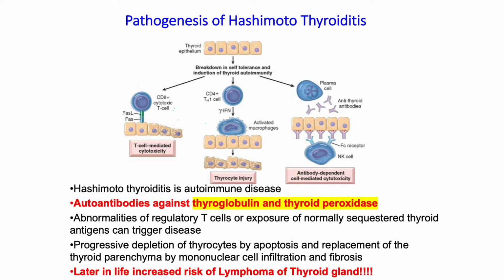Many studies also reveal the association of Hashimoto's thyroiditis with papillary carcinoma, but it has no significant association, and many believe that it is just a concurrent finding. It does not have a very strong association, but definitely there is a very high risk of lymphoma that is proven.